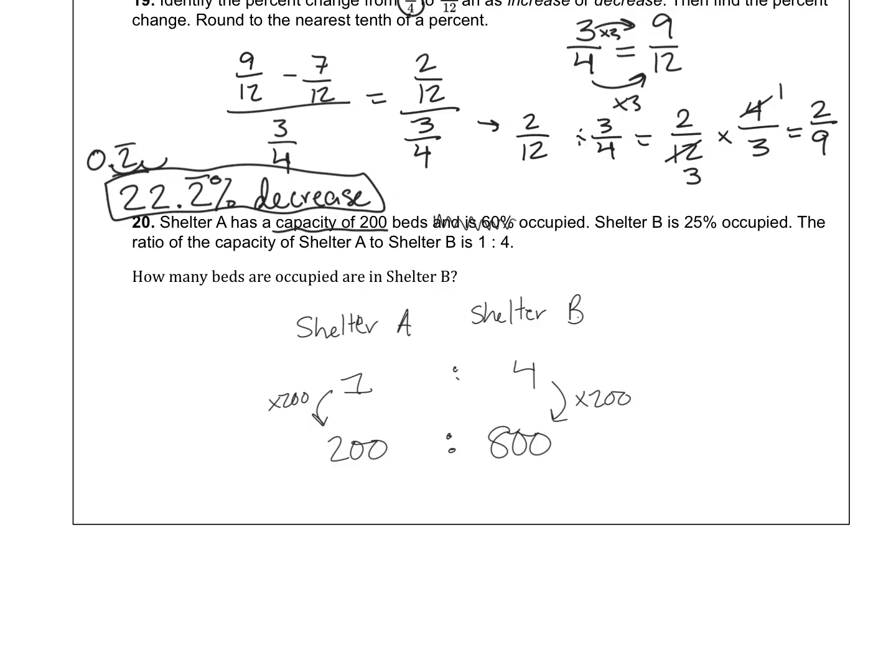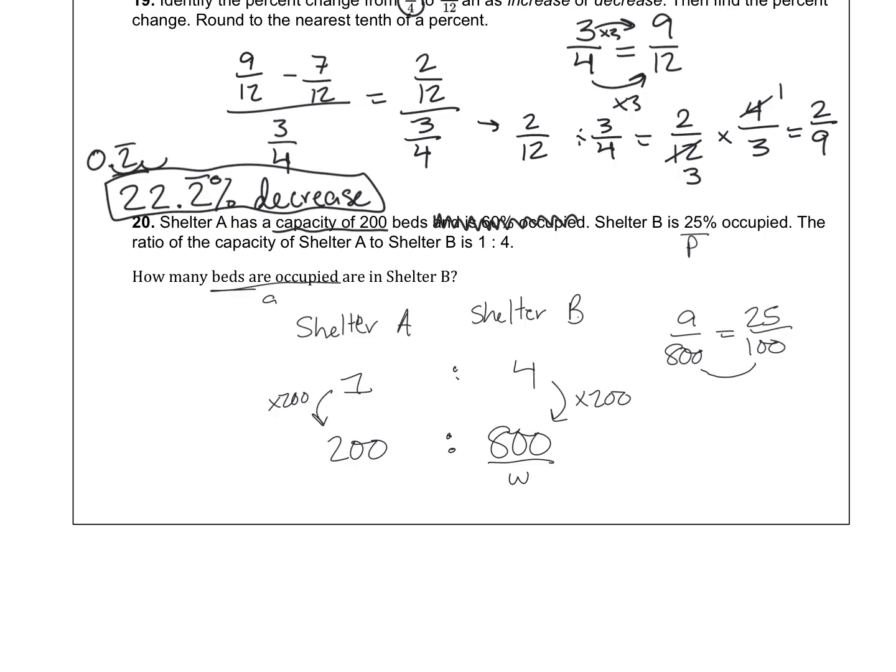I don't need this A is however much percent occupied. I don't need that. All I really need to figure out is, if shelter B is 25% occupied, and there's 800 total beds in B, well, this becomes pretty nice. There's my percent. This is a total, so it would be W. The beds that are occupied would be my part, or A. A over 800 equals 25 over 100.